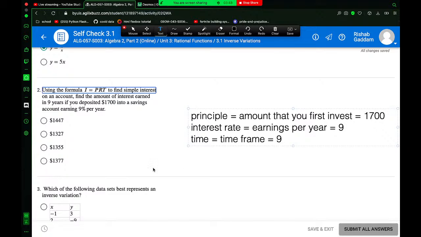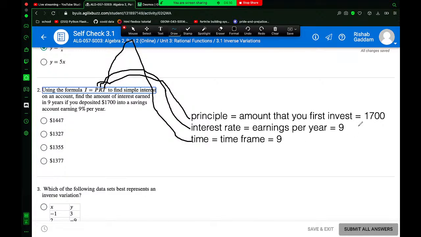Yeah, good job. So let me match up the stuff with the variables. The principal is P. The interest rate is R because it's the rate, not the actual interest. And the time is T.